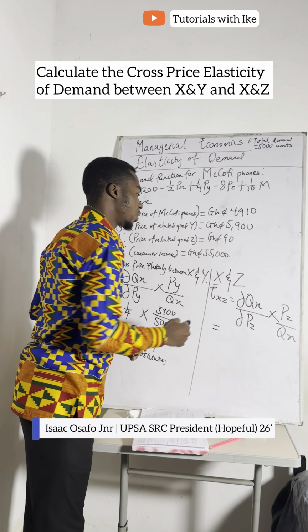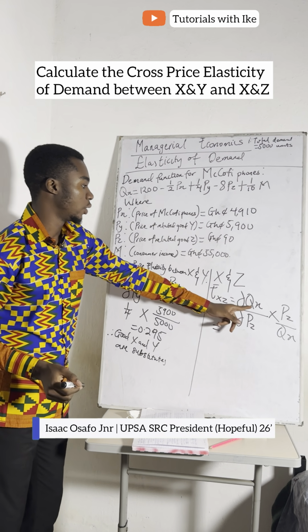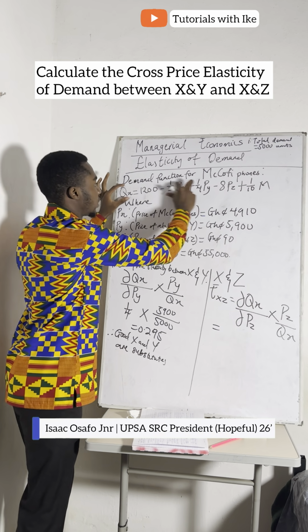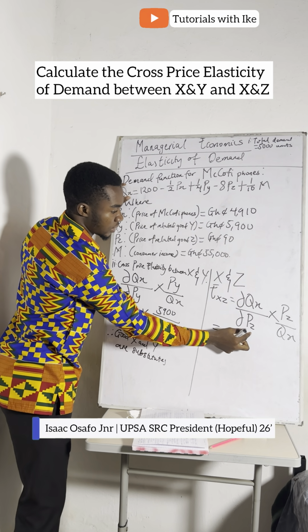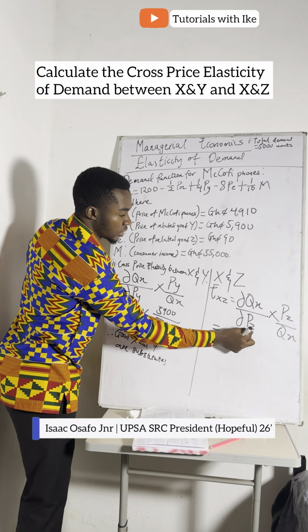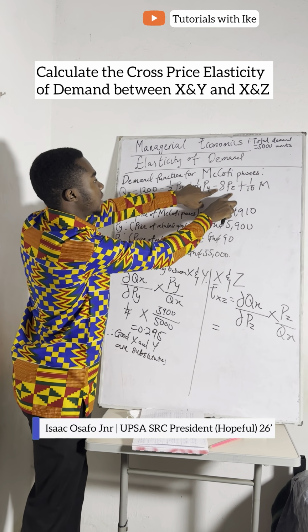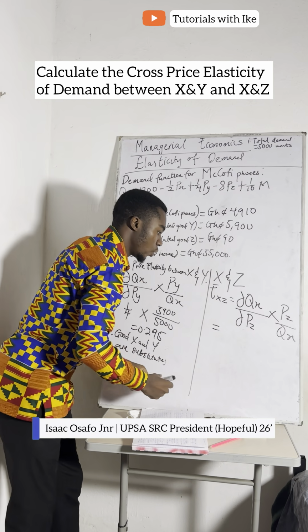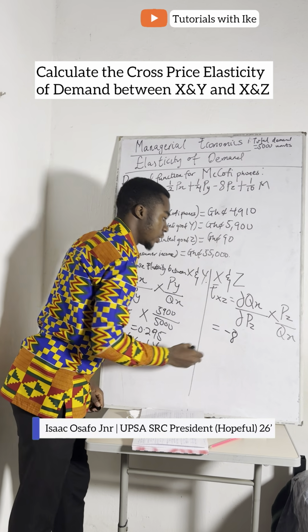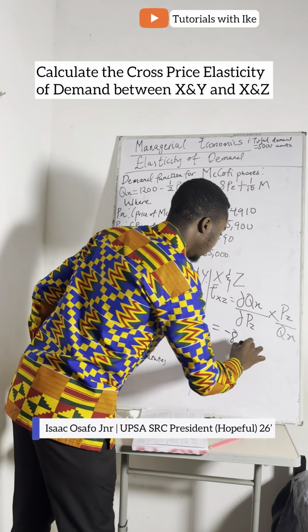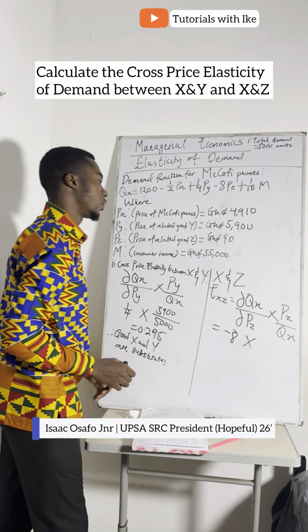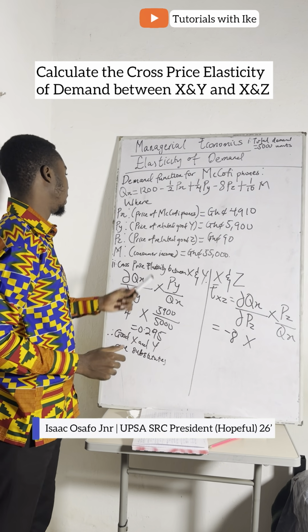So now this one too, it means that you take the QX, which is here, the function, then we go to PZ, then you look for the coefficient of PZ. So whatever is attached to PZ. So this is PZ and negative 8 is attached to it. So all this would give you negative 8. Do you get it? Then times PZ over QX. So what is PZ?